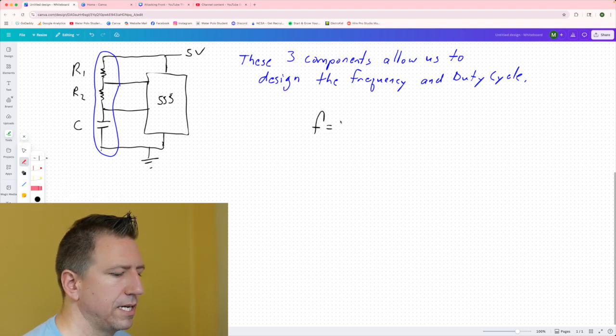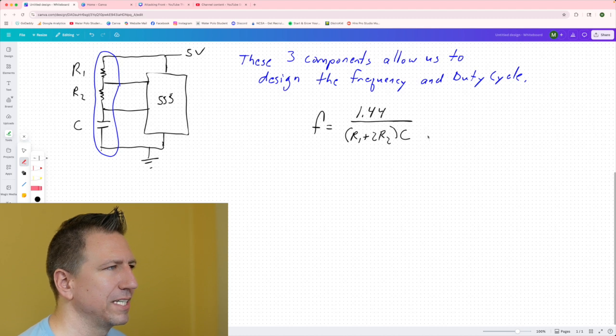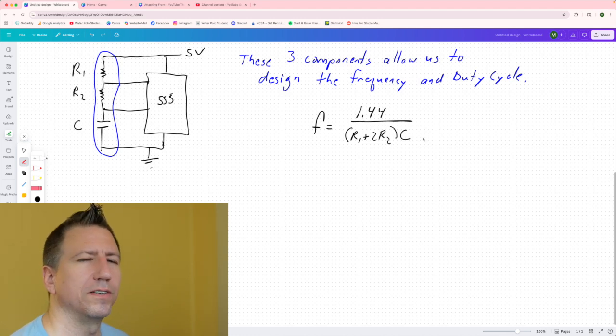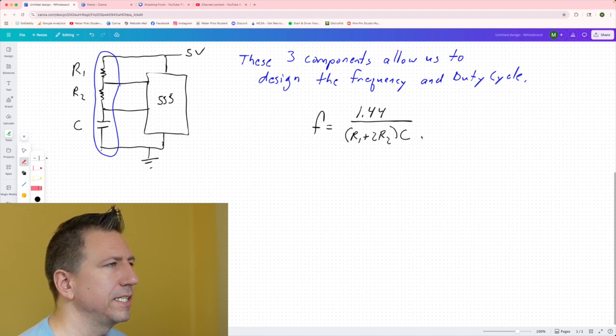So F is equal to 1.44, and don't think that I have these memorized, because I do not, over R1 plus 2R2, although they're not terribly difficult to memorize if you wanted to. It's just I don't use them frequently enough to know them by heart. Okay, so that's the frequency. That's one of the things we want to design for.